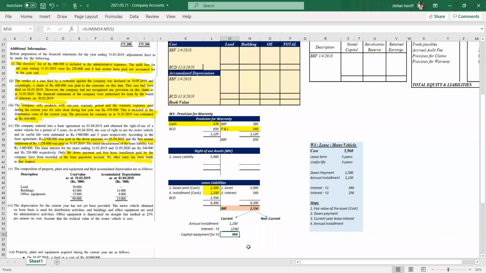We pay annual installment 1,250. Out of that, there is the interest of 256 for next year. So capital repayment is 994.